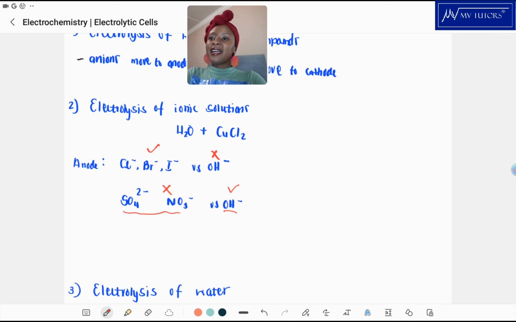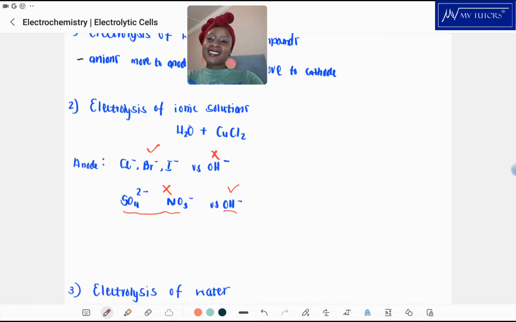We'll check on the table of standard reduction potentials how it actually works, just in case you're like, okay, but in this case I don't have a sulfate or a nitrate. So what now? Let's say you have copper there competing, but copper is positive.